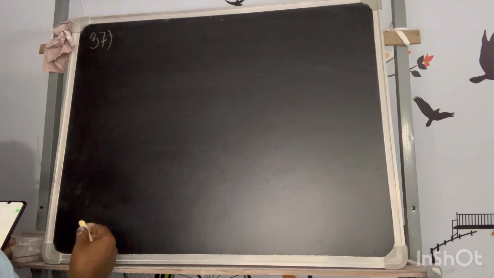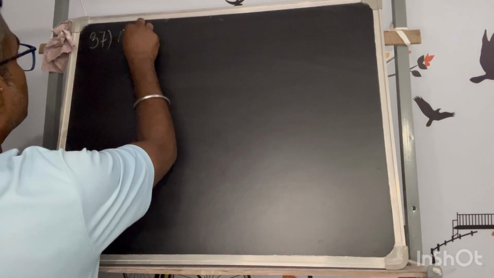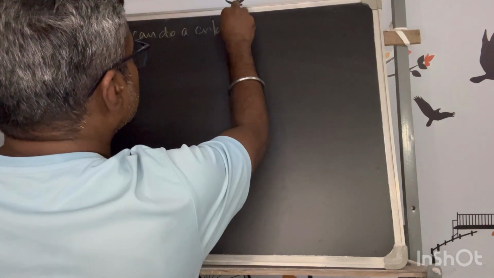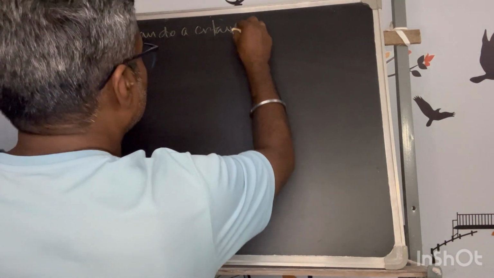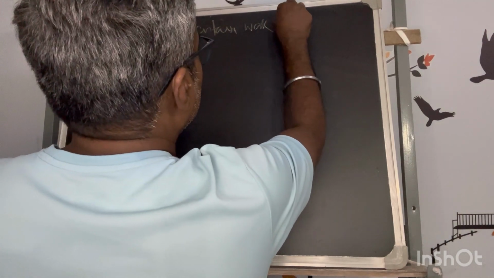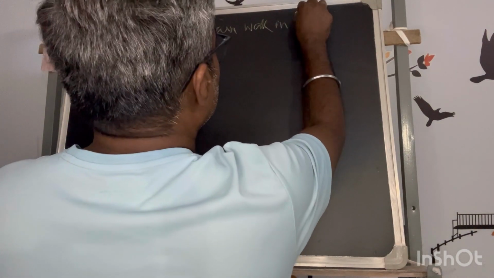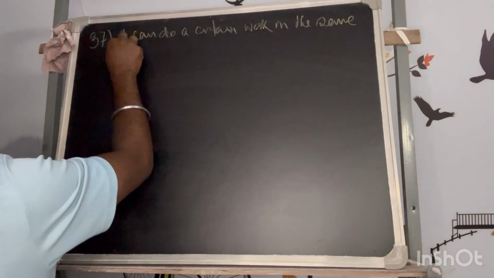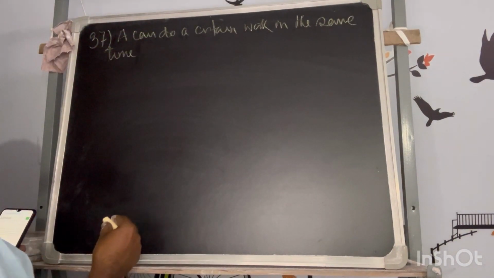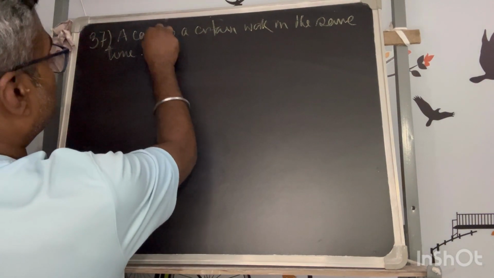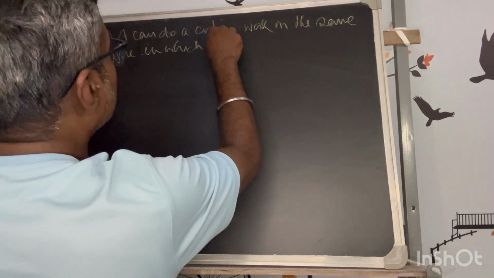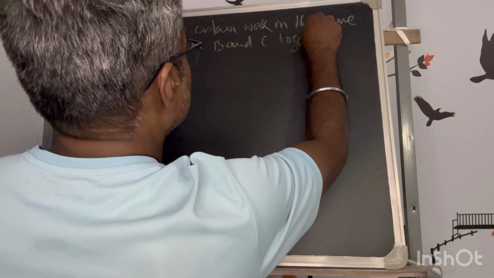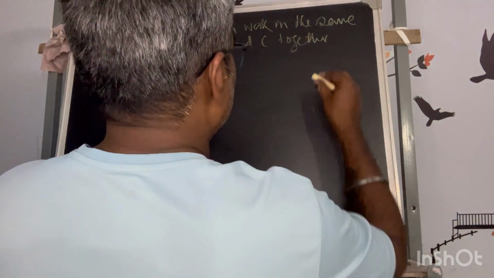Problem 37. A can do a certain work in the same time in which B and C together can do it.